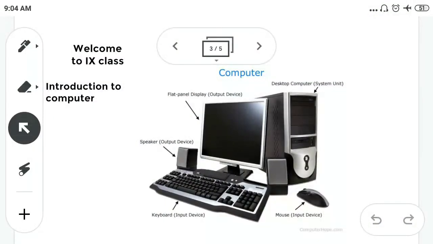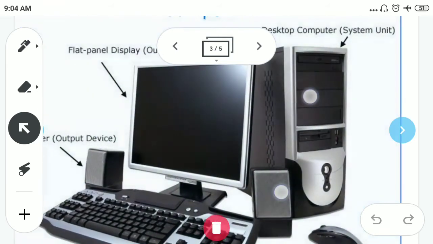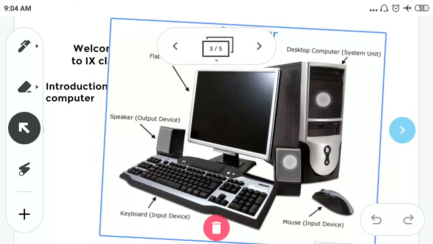So, introduction to computer. Here you can see that this is the basic computer. Computer is an electronic device that can get instruction from the user, execute it and provide you the required output. So this is the basic hardware of what you see here.